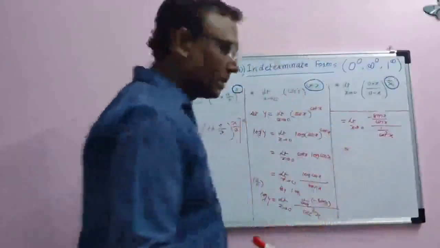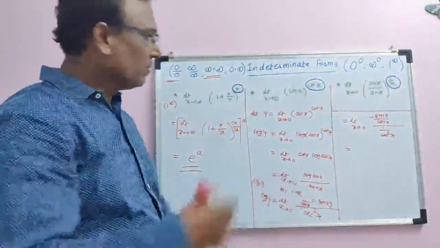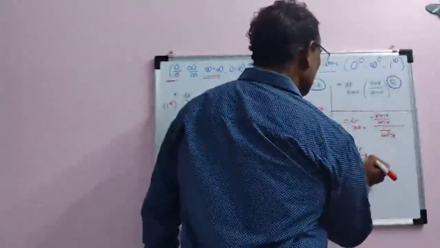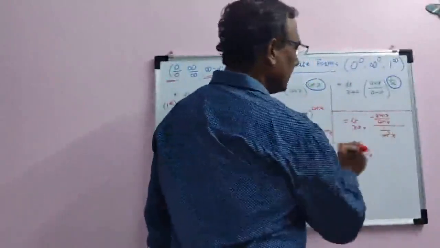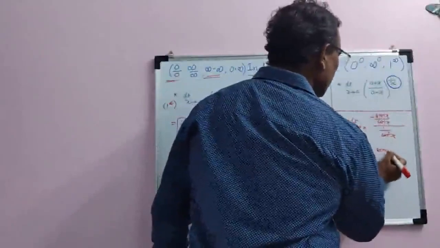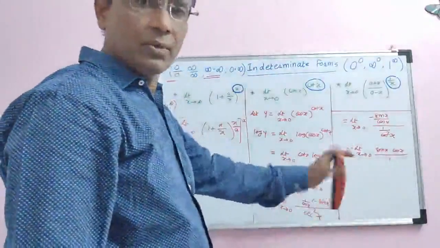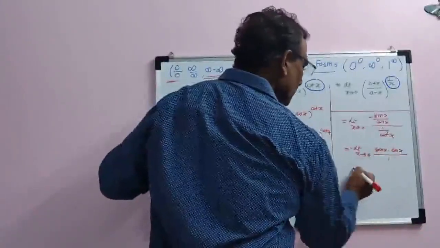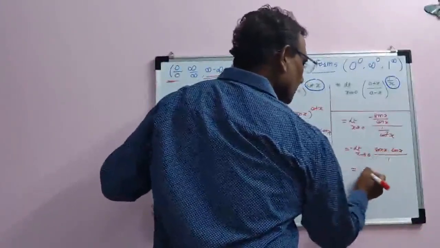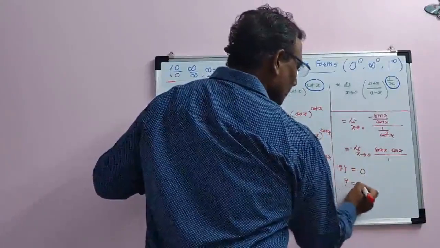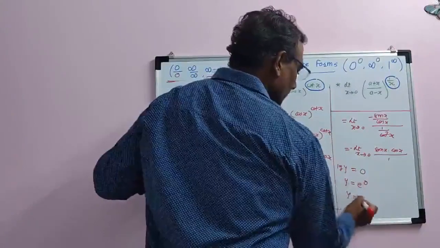Okay, after applying L'Hospital rule, if there is scope for simplification, you go on simplifying. X tends to 0. This minus sign I have taken outside. Cos square will jump here. This sin x into cos x will remain. Now in the denominator we don't have a variable. If you put x equal to 0 here, sin 0 is 0 and cos 0 is 1. 0 into this will be 0. And if you don't write the minus sign, it is okay. So log y is 0, which means y is equal to e raised to 0, so y is equal to 1.